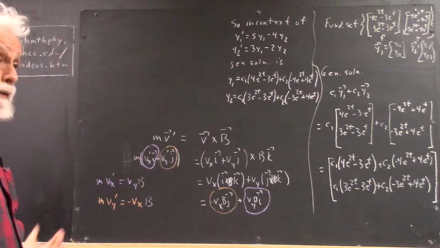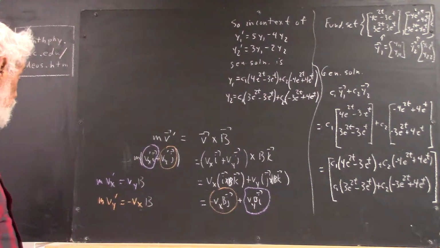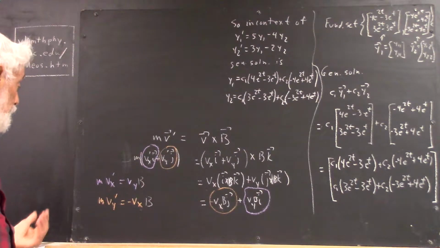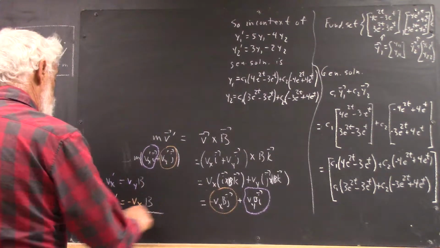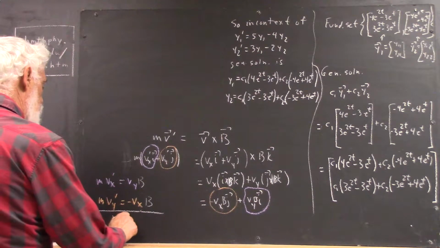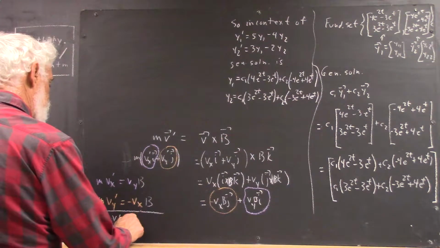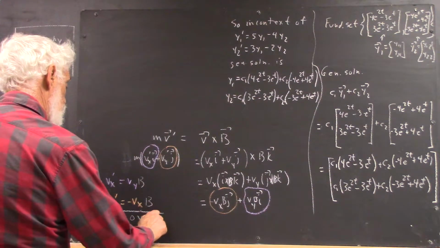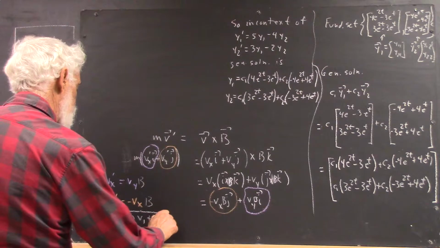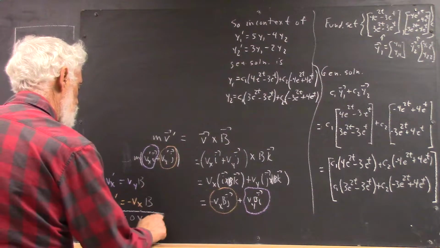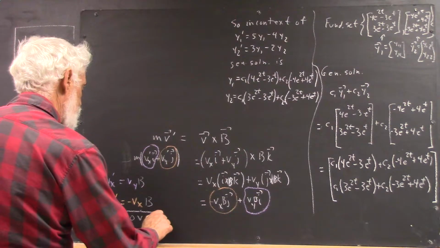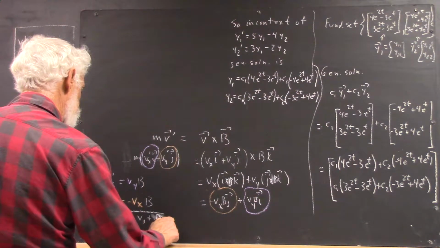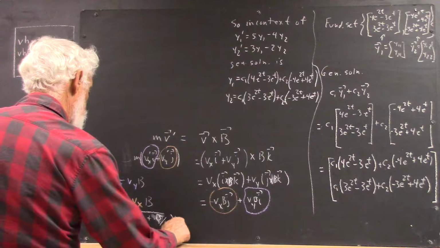What's this? This is just a system of two linear equations. Instead of Vx and Vy, now I could write these V1 and V2. So maybe I have the equations that would reduce to V1 prime equals 0 V1 plus B over M times V2.